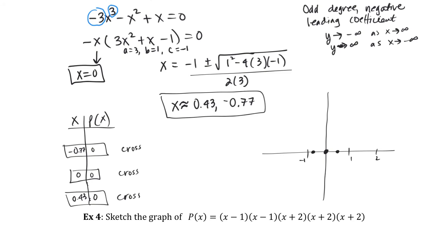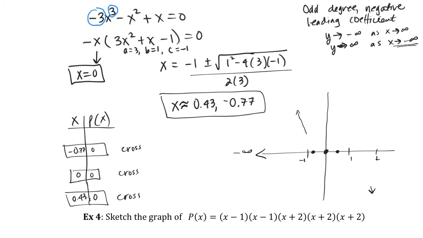So we know as x is going towards negative infinity, y is positive. So it's coming like that, and then on this side it needs to be going down.